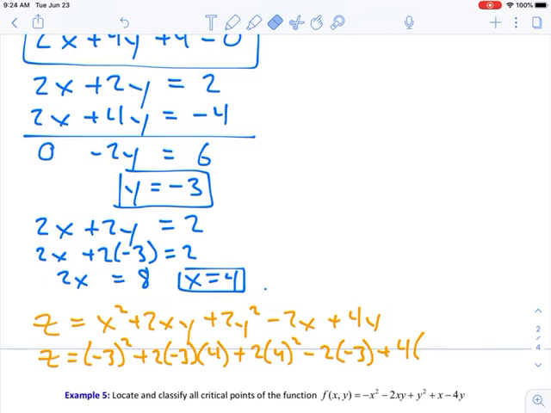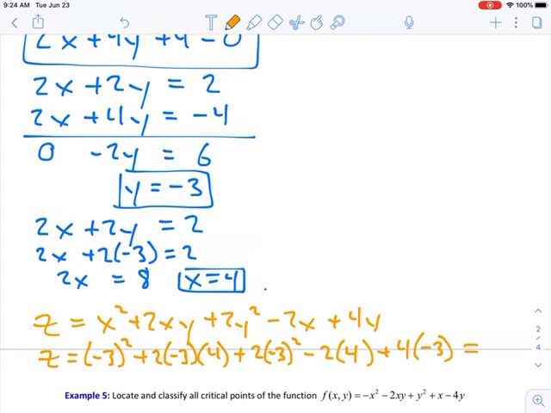I'm getting my variables mixed up. So the third term is 2y squared. So 2 times negative 3 squared minus 2 times x, which is 4, plus 4 times y, which is negative 3.